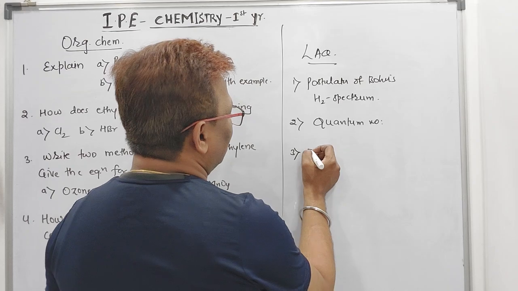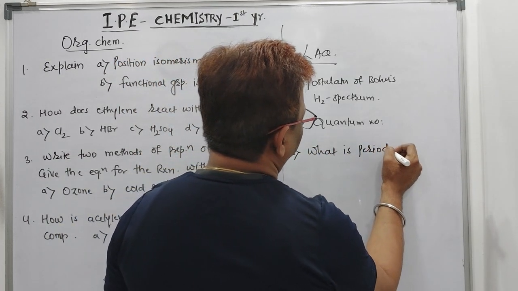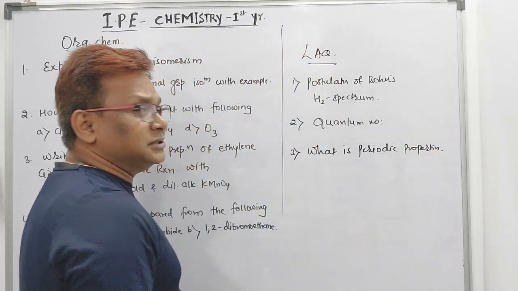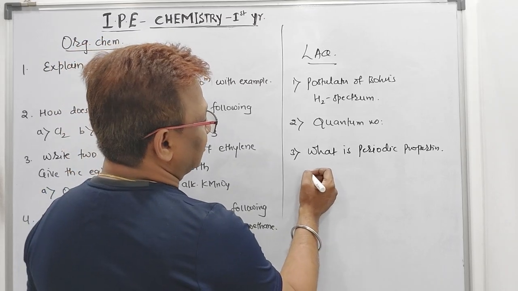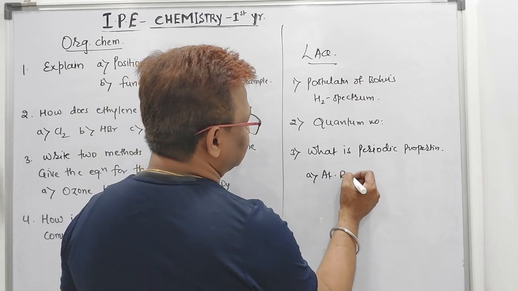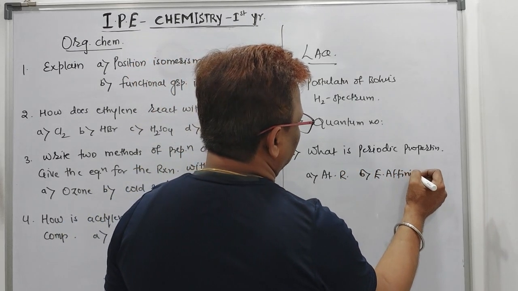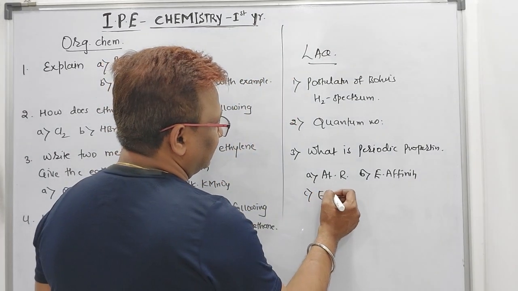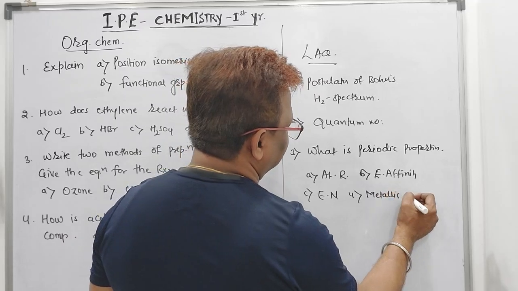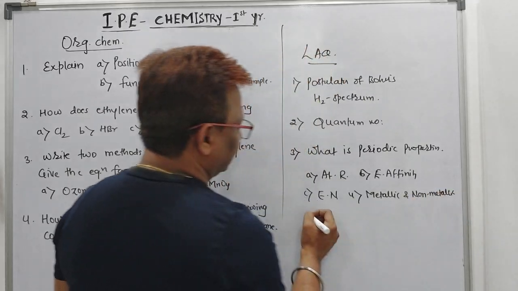They will ask what is a periodic property, and how the following properties change in groups and periods: atomic radius, electron affinity, electronegativity, and metallic and non-metallic nature.